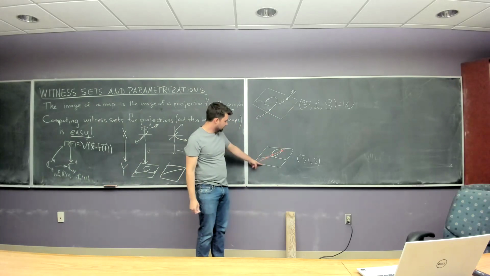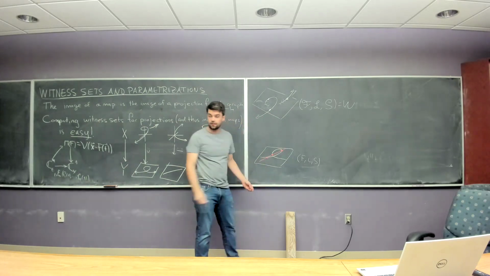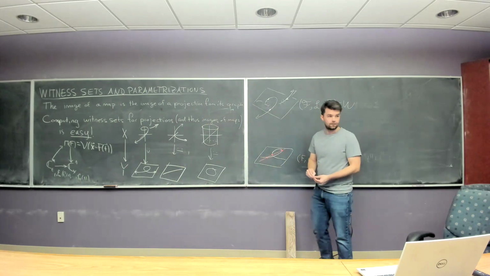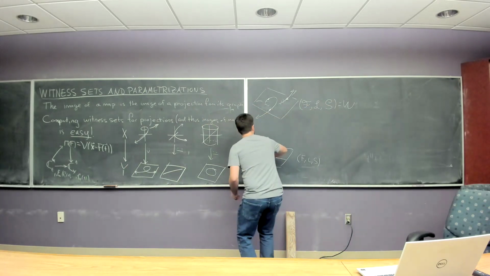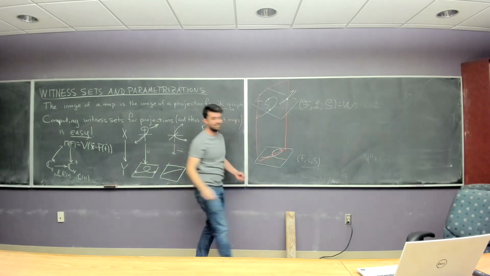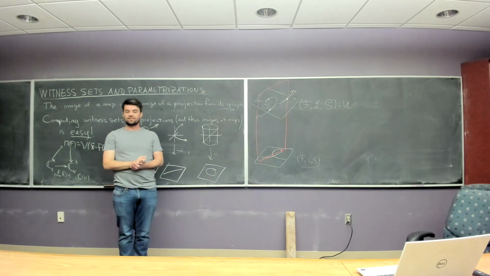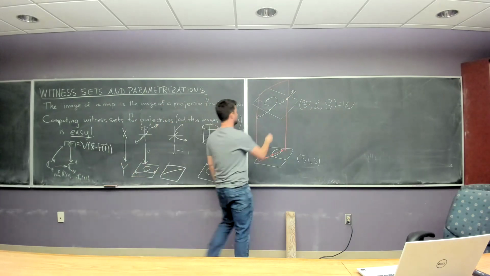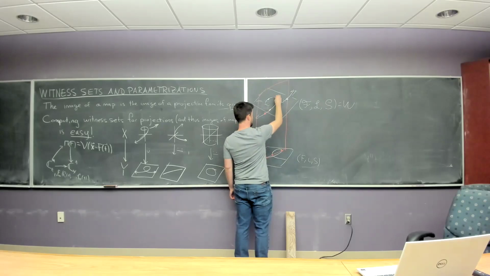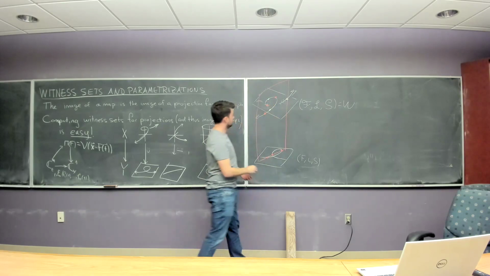Well, look, if I want to compute these intersection points, that's the same thing as computing all the points upstairs that map down there. So I can actually just extend this line into a 2-plane upstairs, and this will intersect at some point, maybe another point, another point.